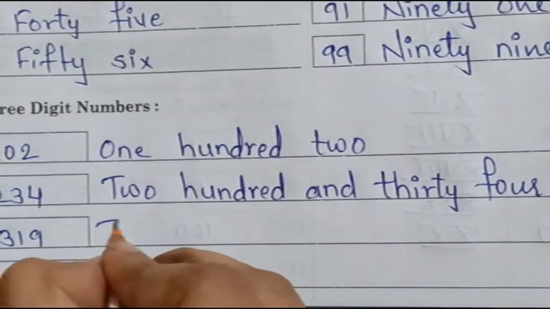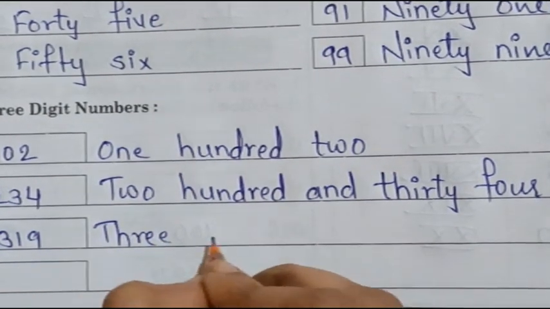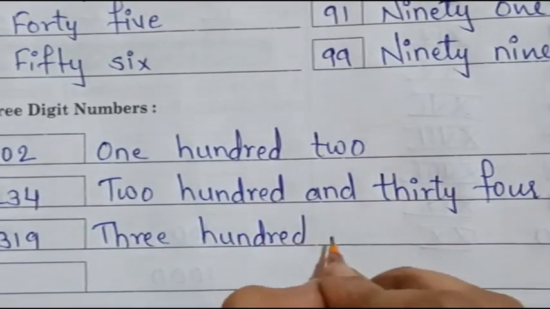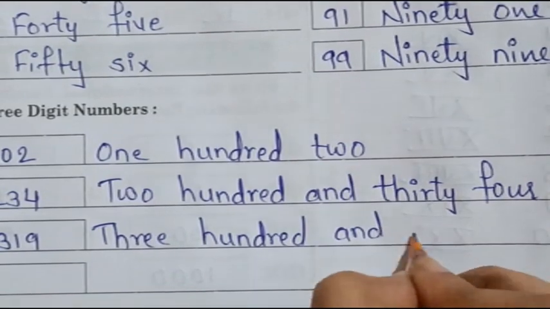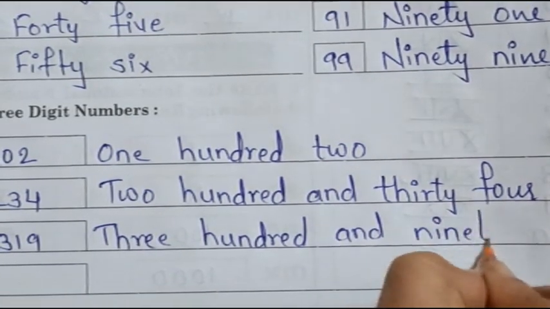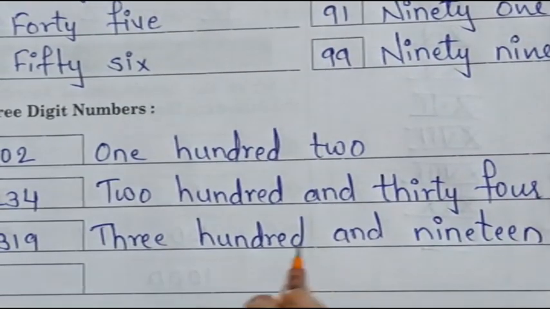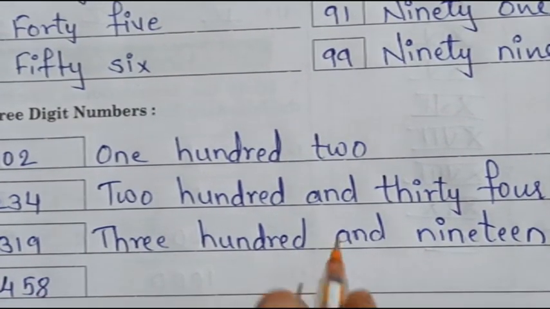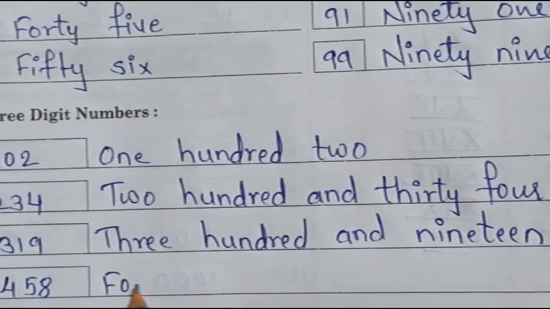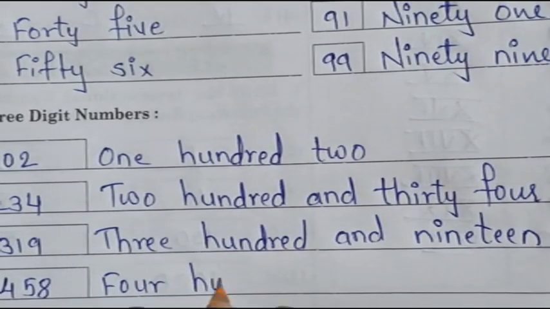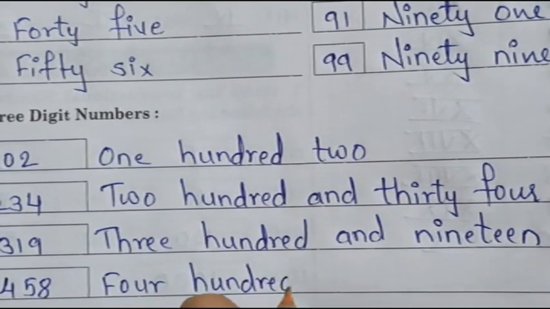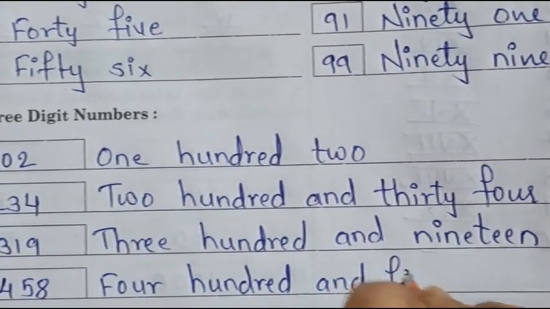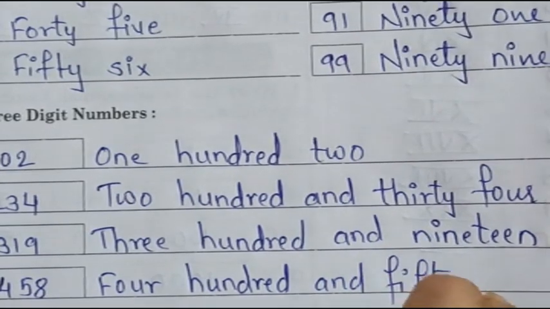Next number I will write, that is 319. So I will write it as 319. Okay, next I'll write 458. So you will write it as in words, that is 458.